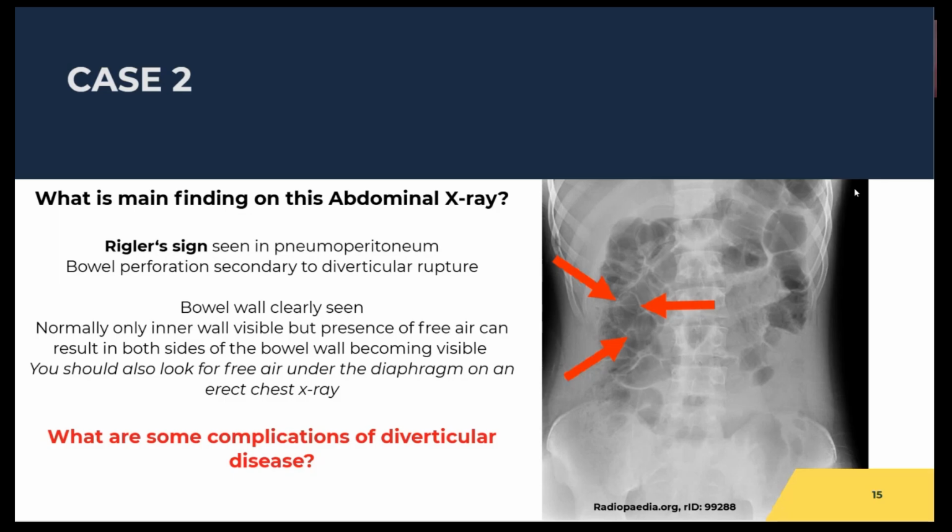Okay, so anemia from chronic blood loss. Diverticular abscess, perforation, sepsis, fistula, good. Perforation, okay, good.